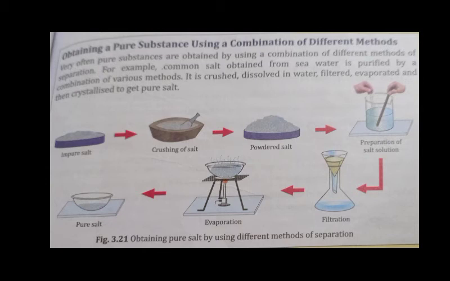So we do filtration. What we get as a filtrate is clear salt solution. So we heat it until the whole water evaporates and we get pure salt. This is how we get pure salt.